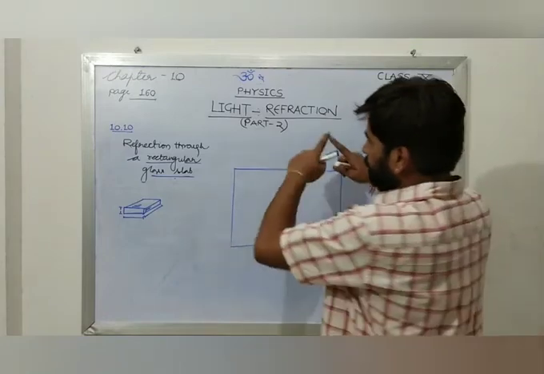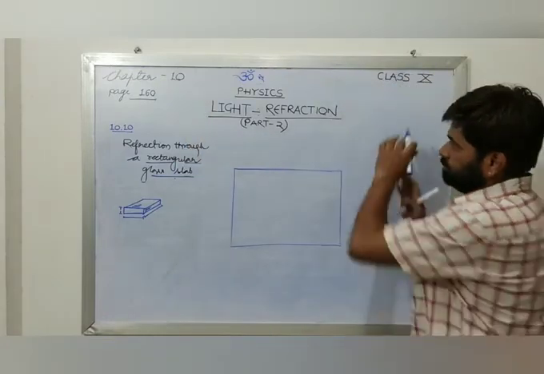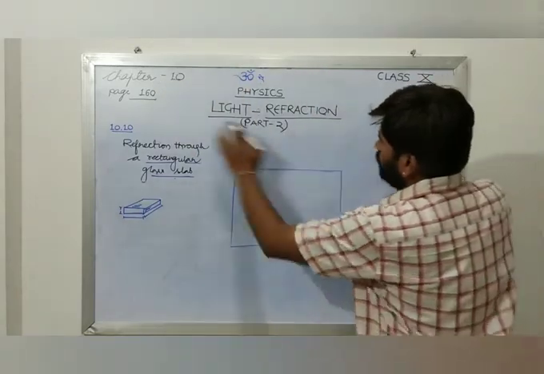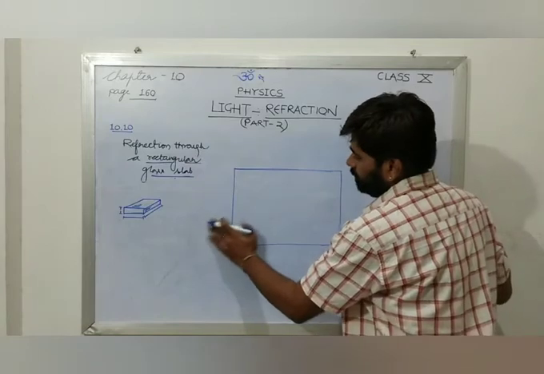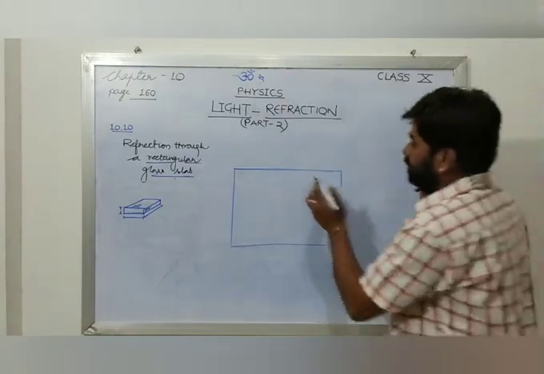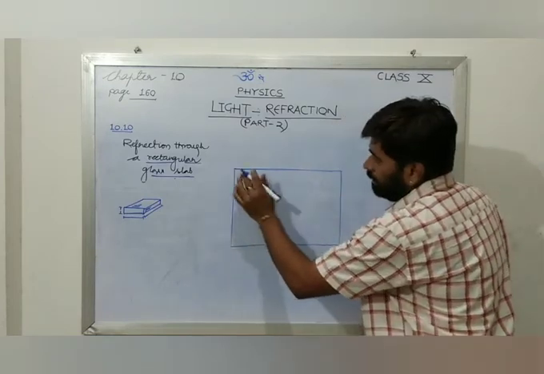You have to take a cardboard, over which we are going to put a drawing sheet. This is the white board, and this is the drawing sheet. Now over it we keep a rectangular glass slab.